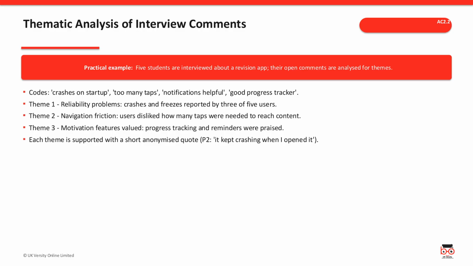Reliability problems, with crashes reported by 3 of the 5. Navigation friction, where people disliked how many taps it took to reach content. And motivation features valued, with the progress tracker and reminders praised. Each theme is backed by a short, anonymized quote, such as P2, saying "it kept crashing when I opened it."